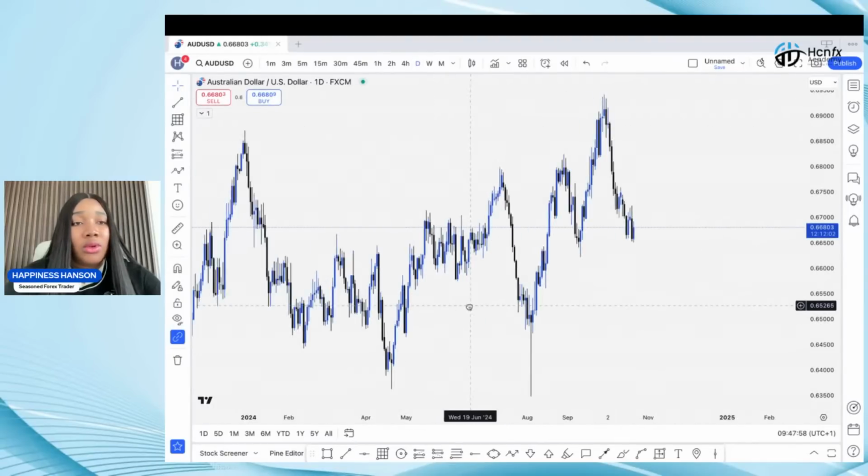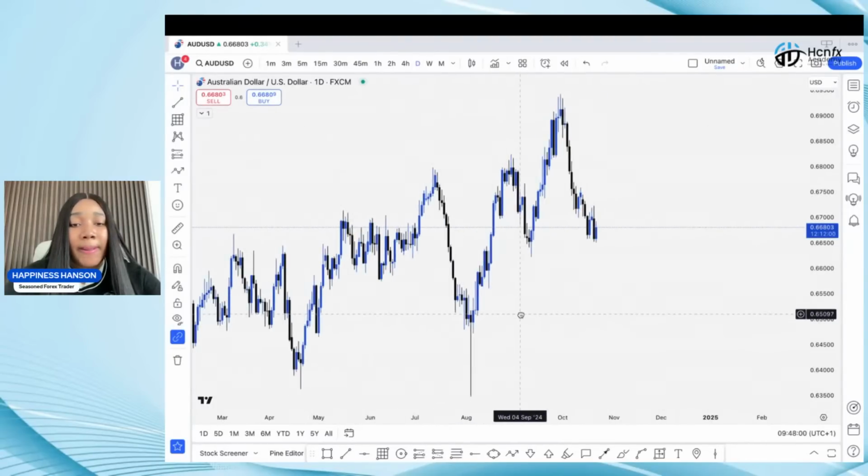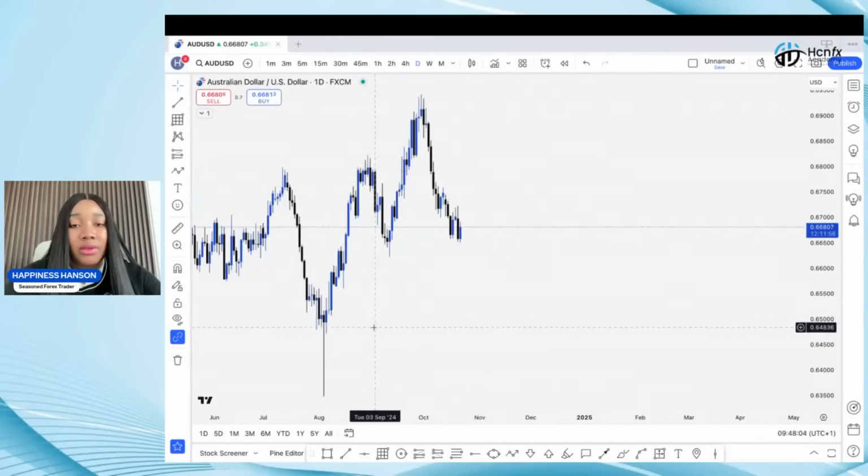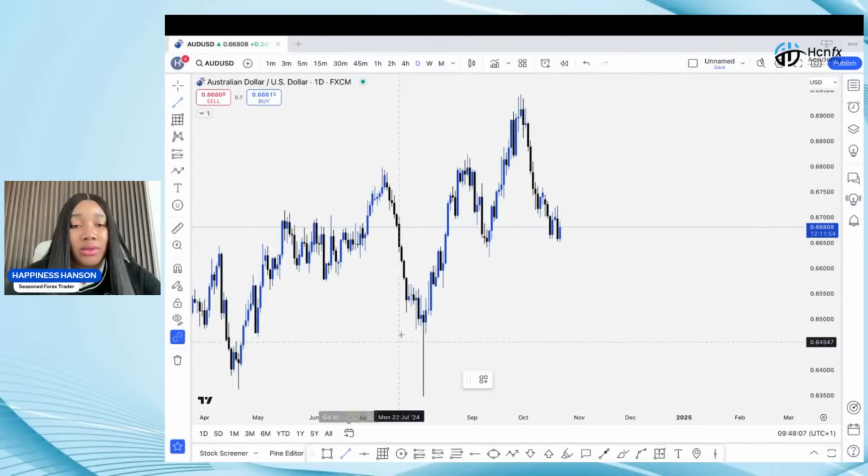Okay, so for AUD USD, from daily time frame, we have this breakout structure here.